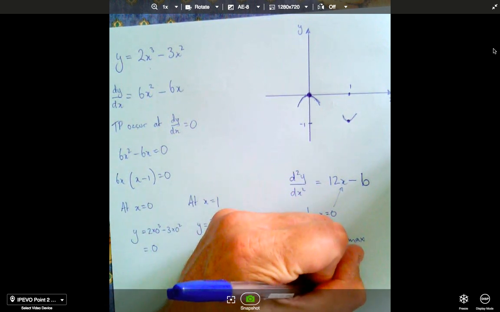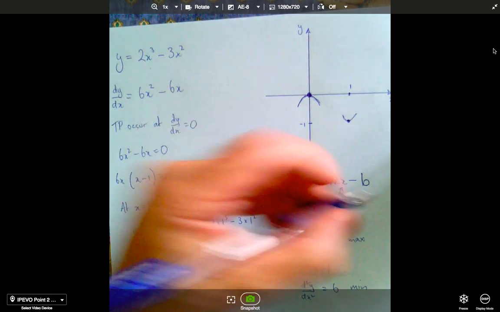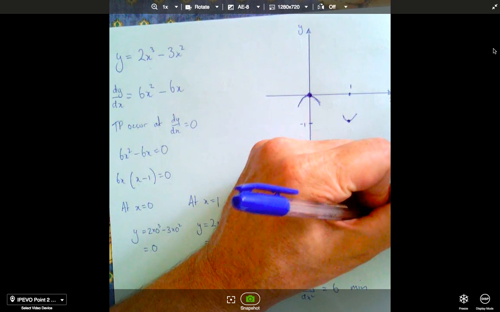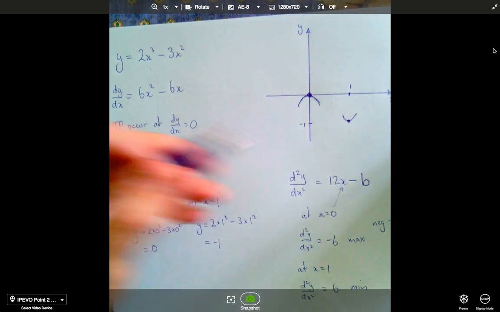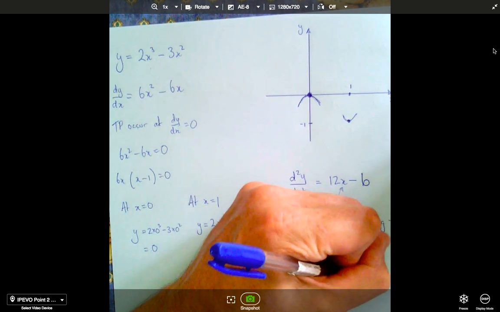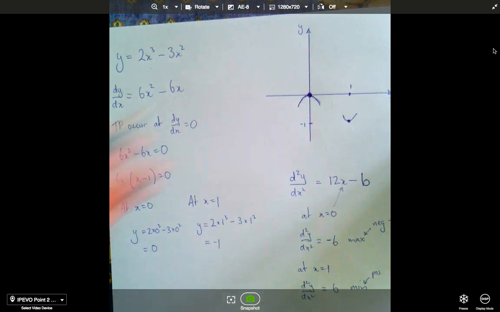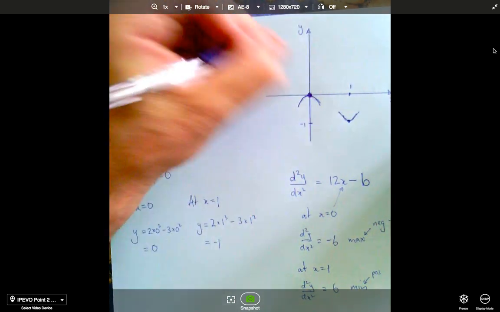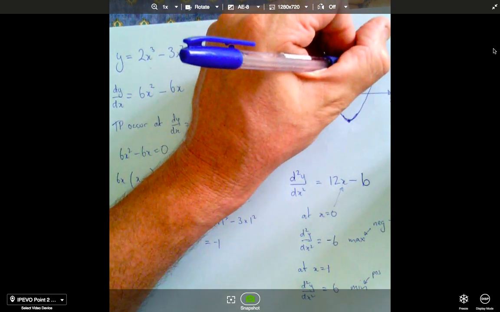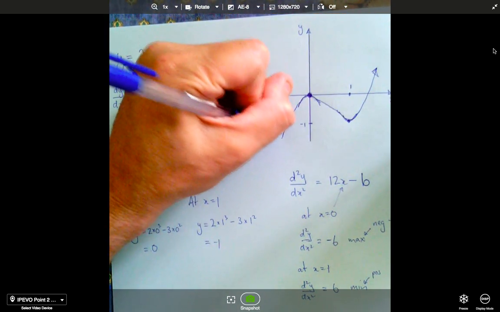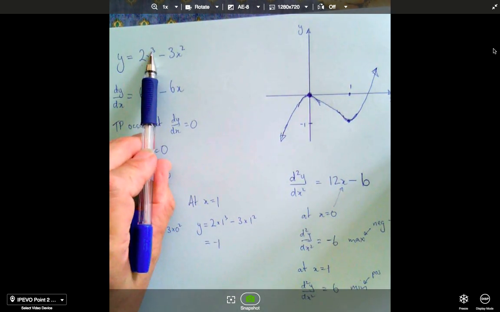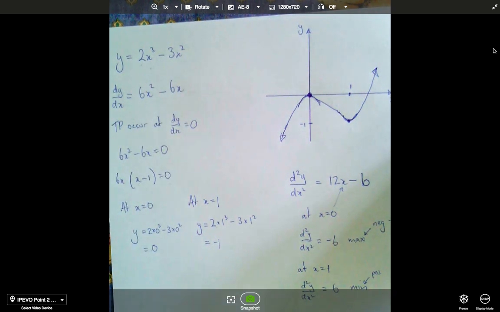And because this is positive, we know this is a minimum. So a negative means it's a max, and a positive implies that it's a minimum. So I know that's a minimum, and then it's just a matter of drawing a line through all of this. And that's a nice simple graph of y equals 2x cubed minus 3x squared. And that's probably where we're going next. Thanks.